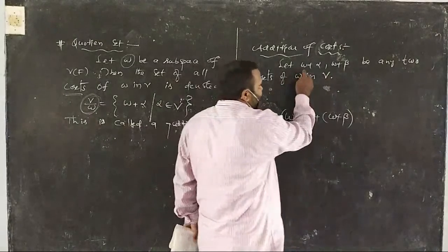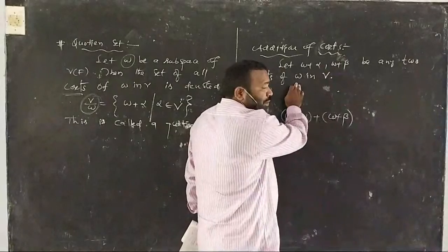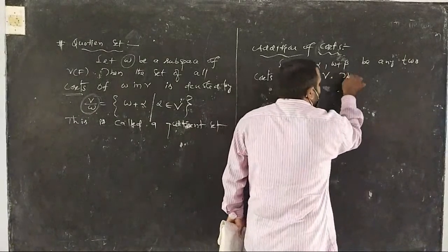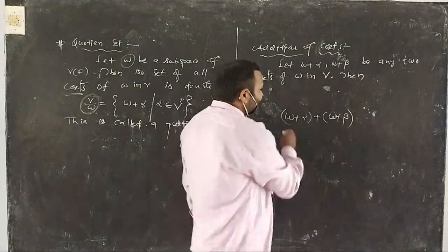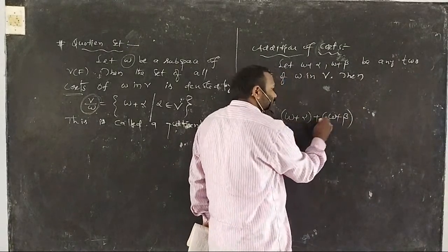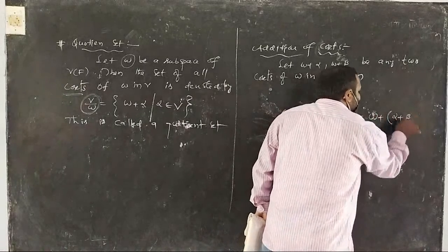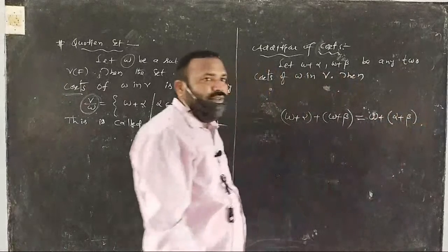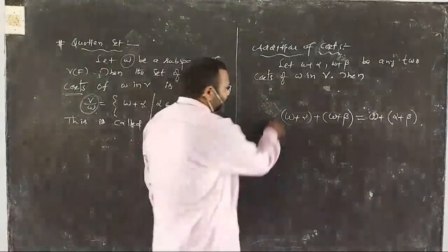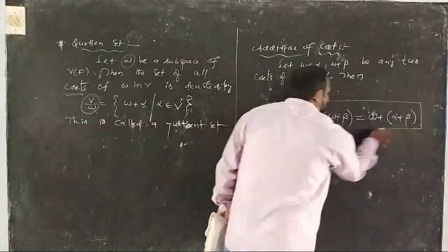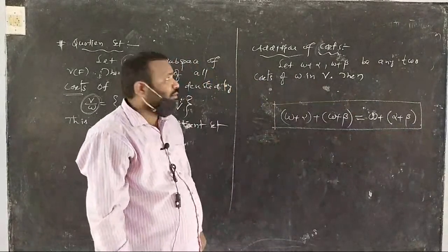These are the two cosets of W. Then the addition of two cosets is defined as W plus alpha plus W plus beta equal to W plus alpha plus beta. So this is the way addition is defined.